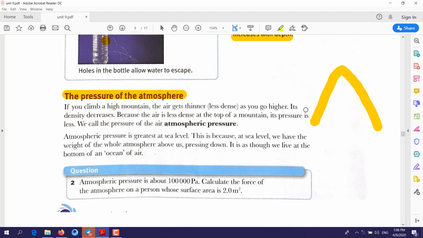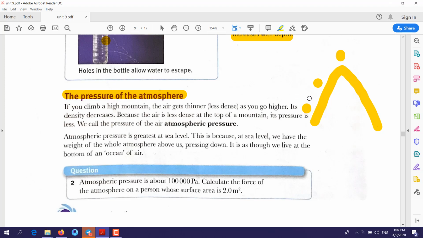If you are at these different positions, A, B, C, mention at which position the atmospheric pressure, the pressure caused by the air particles, is higher. Here, here, or here.